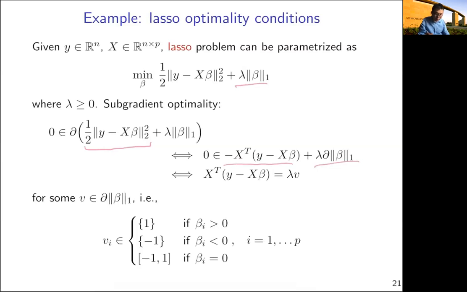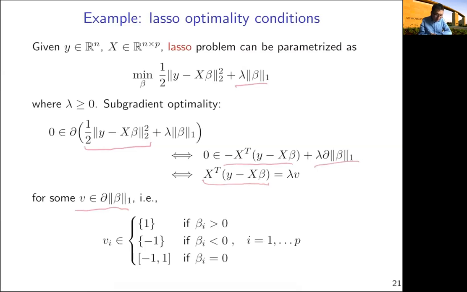This is equivalent to saying that if we move the gradient to the other side, the negative of the gradient of the loss function is equal to lambda times v for at least some v that's in the set of subdifferential. What we have seen about the subdifferential of the one norm is that it can be decomposed into individual components.